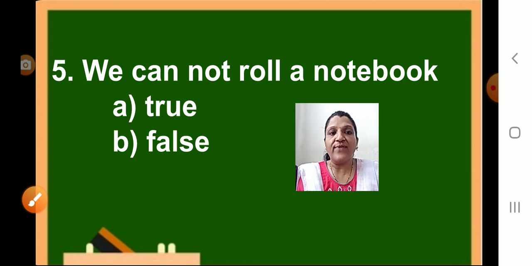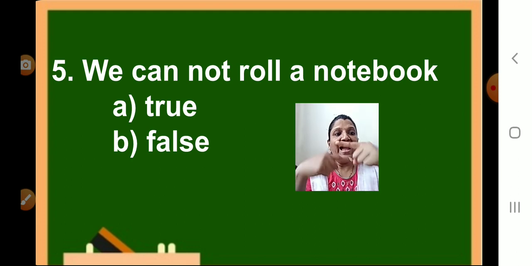Question number 5. We cannot roll a notebook. Now, this we have learned in chapter shapes. Do you remember, children? Roll and slide. So, which objects can we roll? The round objects can be rolled. And which objects can slide?